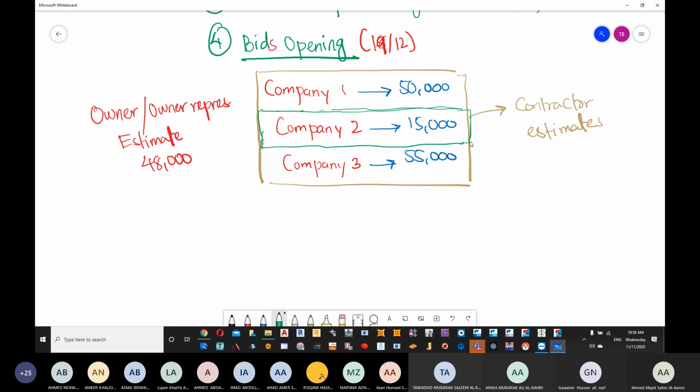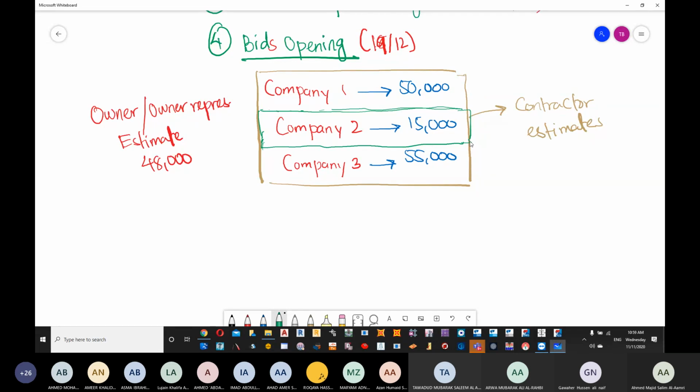Now, if you spare some time today or tomorrow to go and see the advertisements in the newspaper, you will see a small note at the end saying that it's not necessary that we are going to choose the lowest price. They are keeping it clear from the beginning.